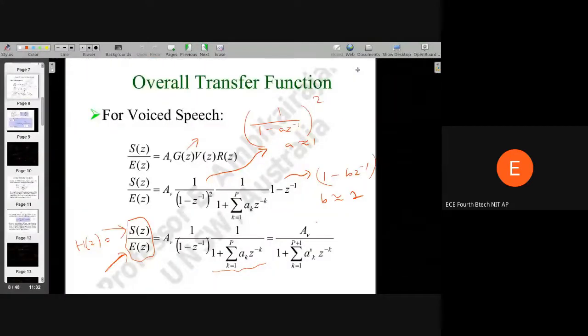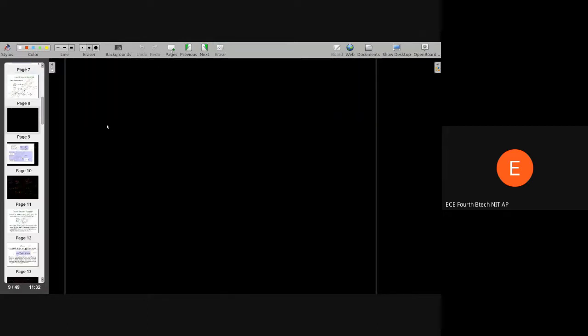We have from source filter theory, recap of everything. We had from source filter theory that, I will call it u(n) instead of e(n). You get an excitation signal, which is a train of impulses or a random noise.